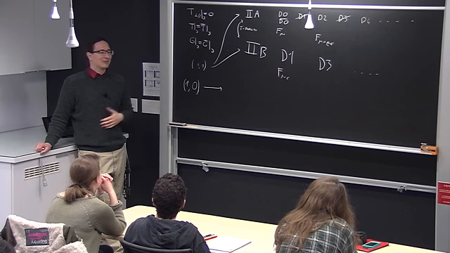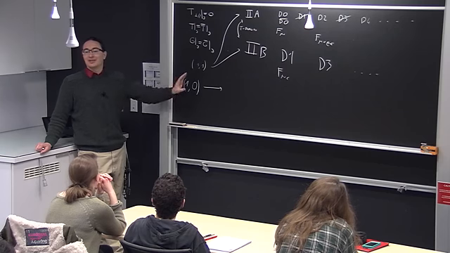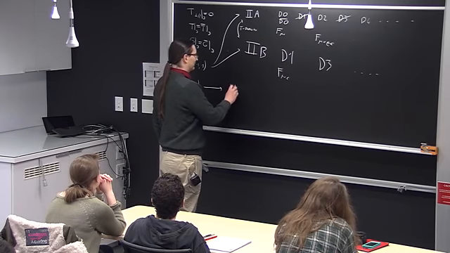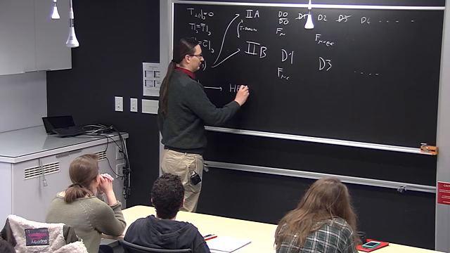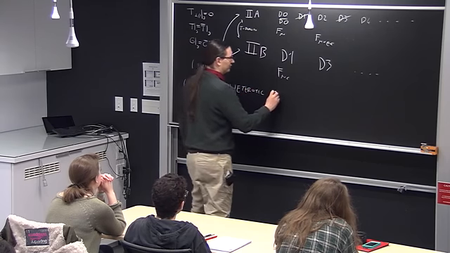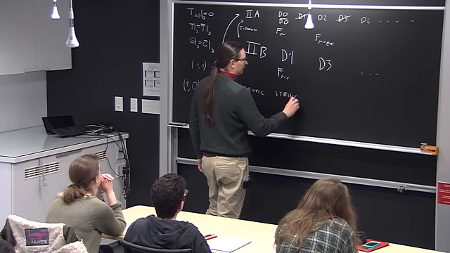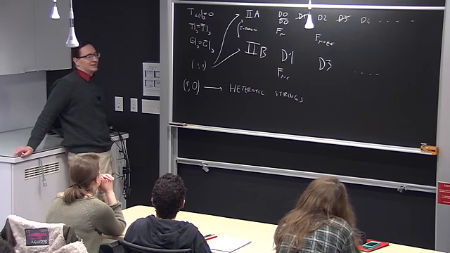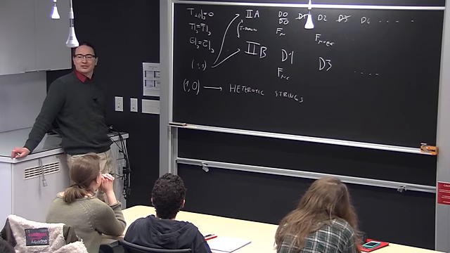You can play around with the GSO projection. Anyway, there is a variety of things you can do, but you get what are called heterotic strings. They have 16 supercharges instead of 32 in target space, in flat 10-dimensional space-time.